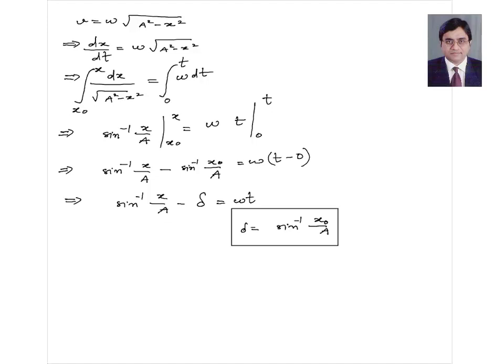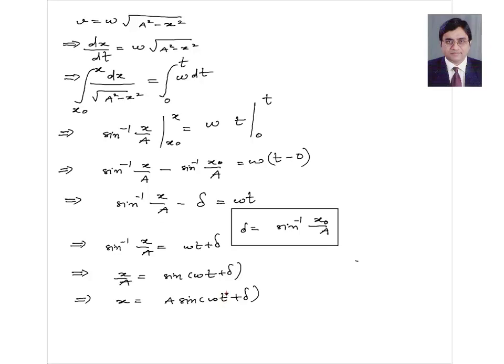Now that means sine inverse x by A is omega t plus delta, which implies that x by A is sine of omega t plus delta, and we got our relationship between x and t: x equals A sine omega t plus delta.